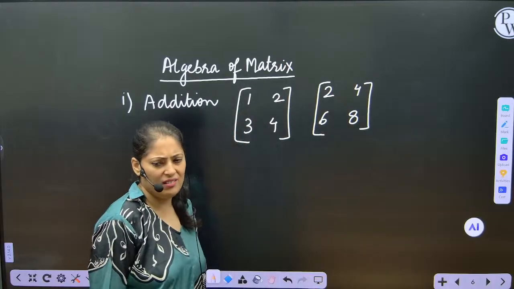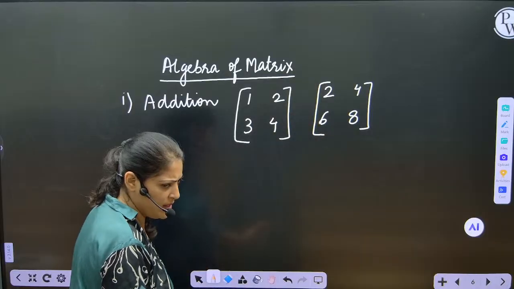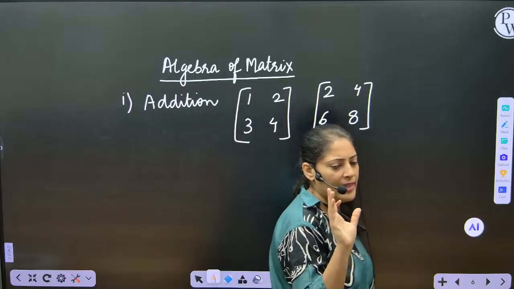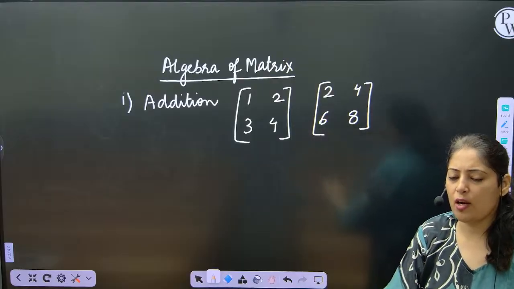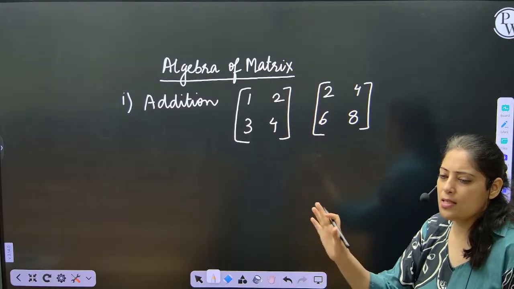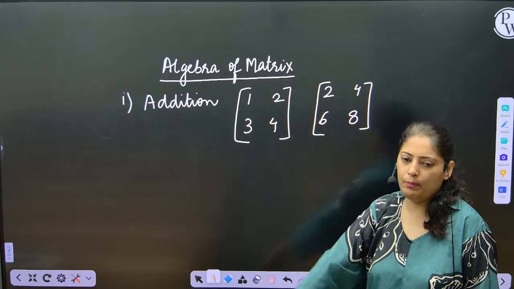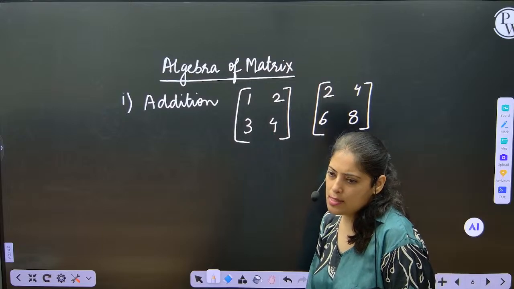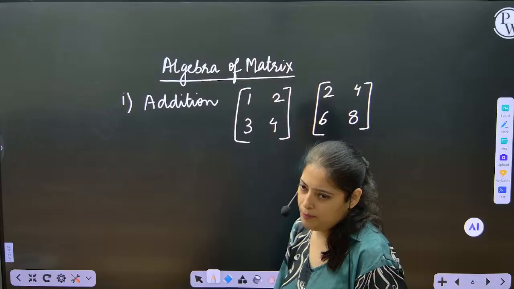Randomly I have taken; it is not necessary that it has to be a multiple of it. Nothing is necessary. The condition which is necessary is that the order should be the same. Then only addition and subtraction is possible.